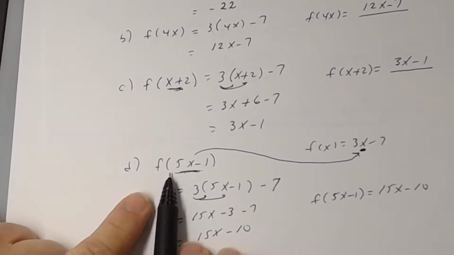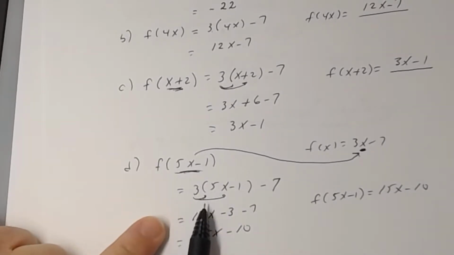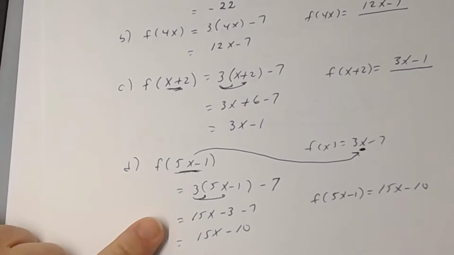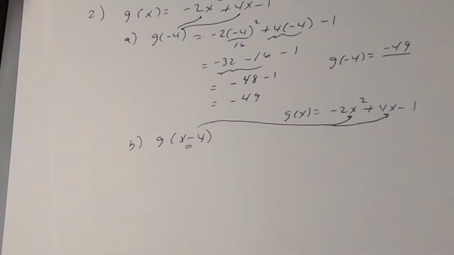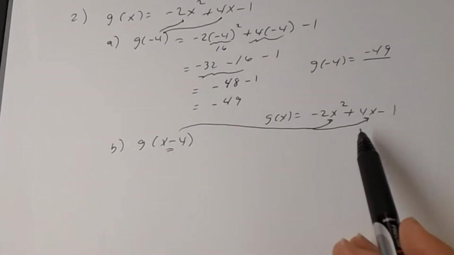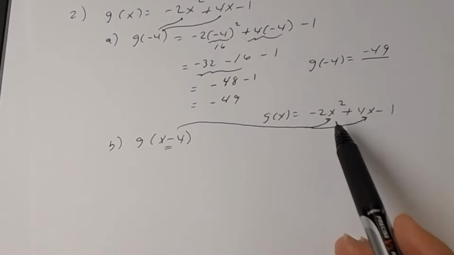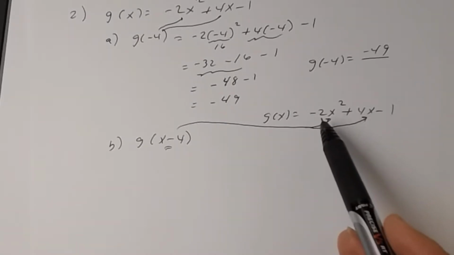Same thing when I evaluated 5x minus 1. Now in number 2, what kind of function is this? It's quadratic. Your largest exponent is 2, so x squared, that's quadratic.